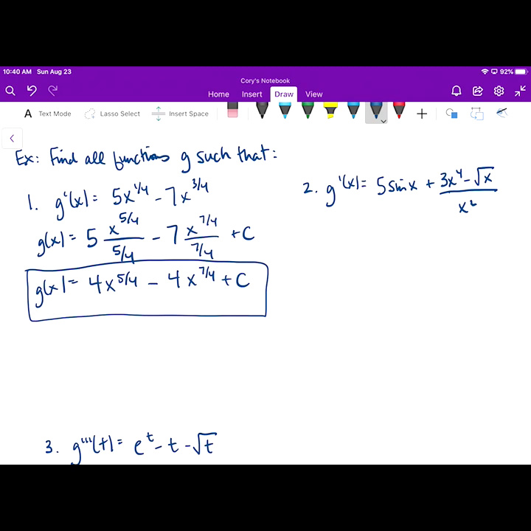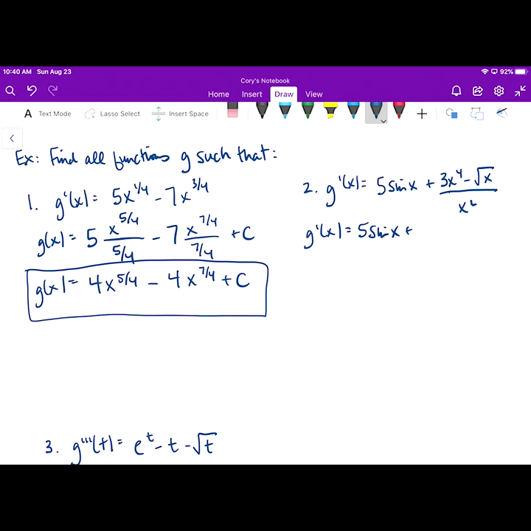So what we're going to need to do for that quotient is some algebraic manipulation to put it into a form where we can actually take the antiderivative of the function. When I look at that quotient, I can separate it into the difference of 2 fractions.